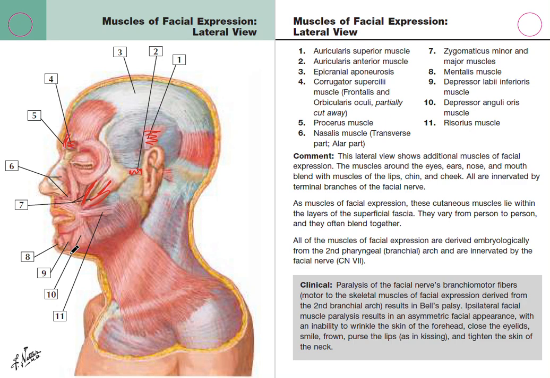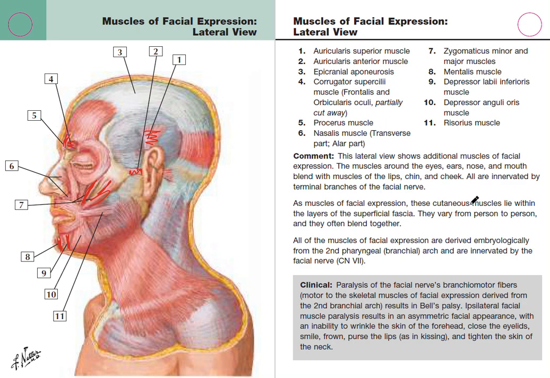Overlying the chin area, we have the mentalis muscle, and posterior to it is the depressor labii inferioris. Posterior to the orbicularis oris muscle, just this circular muscle over here, is the risorius.